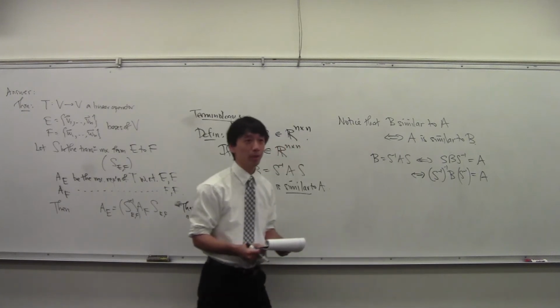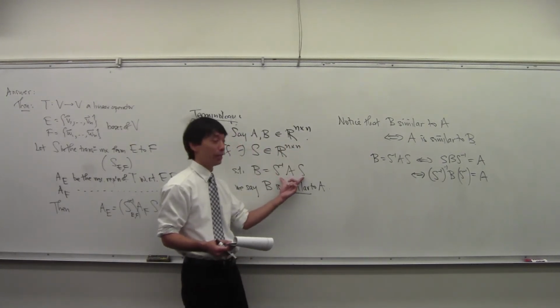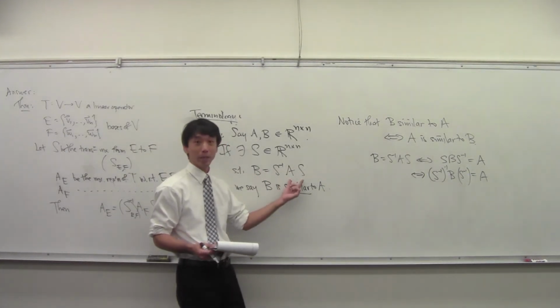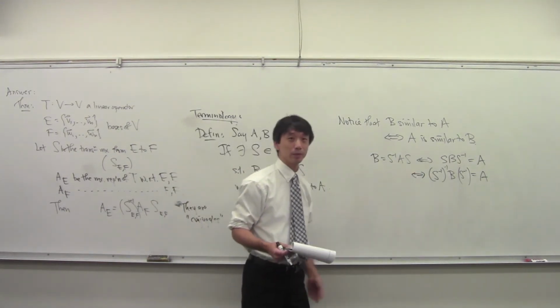So if there's a matrix you can conjugate by and get to B, then there's another matrix you can conjugate by and get back to A, namely the inverse matrix.